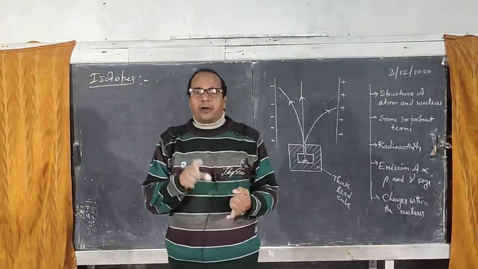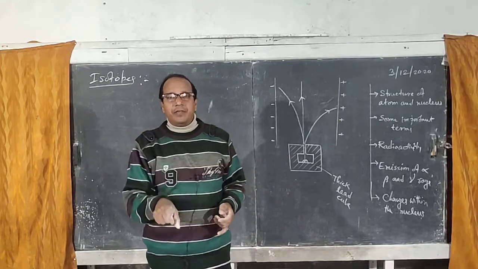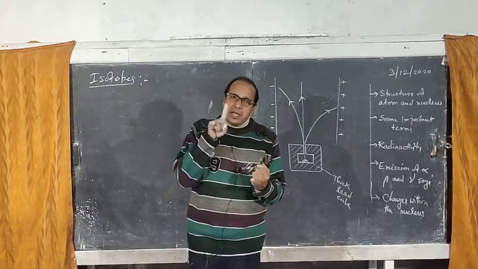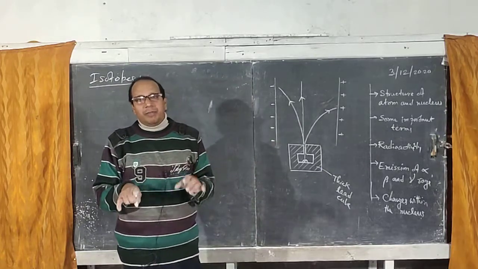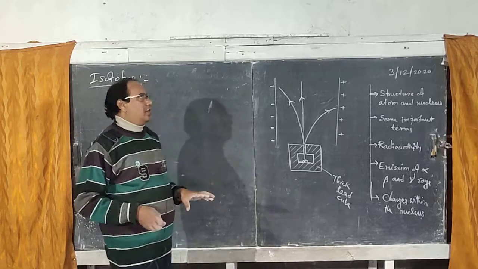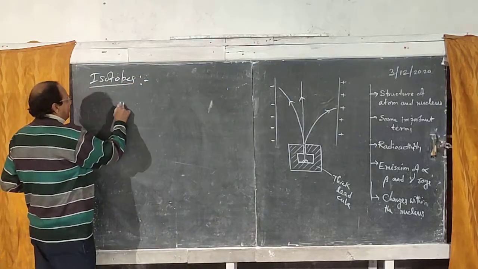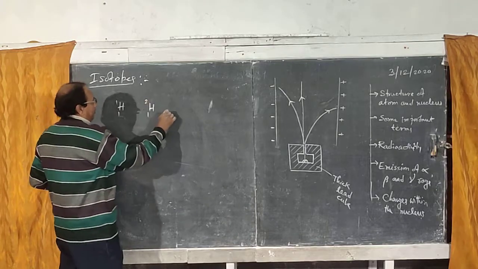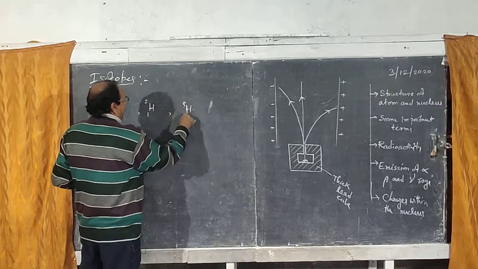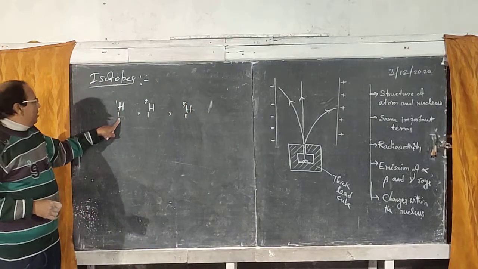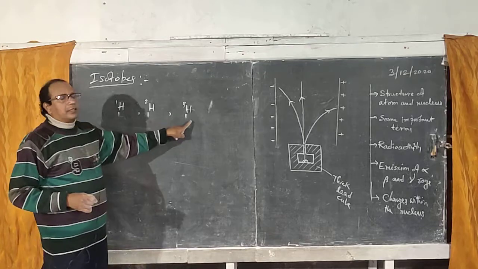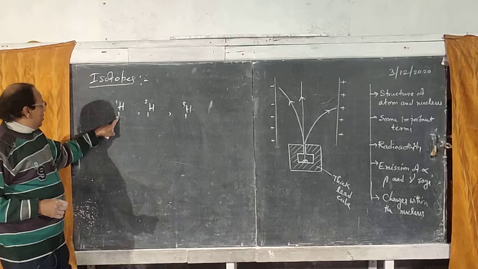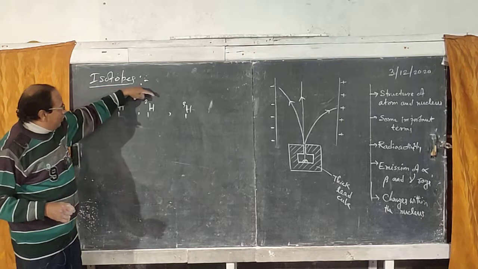Isotopes are atoms of the same element having the same atomic number but different mass number. Example, hydrogen. This is ordinary hydrogen, this is deuterium, and this is tritium. See here, everywhere the atomic number is 1, but the mass number here is 1, here 2, here 3.